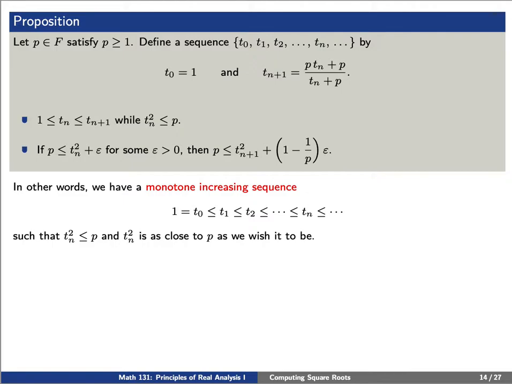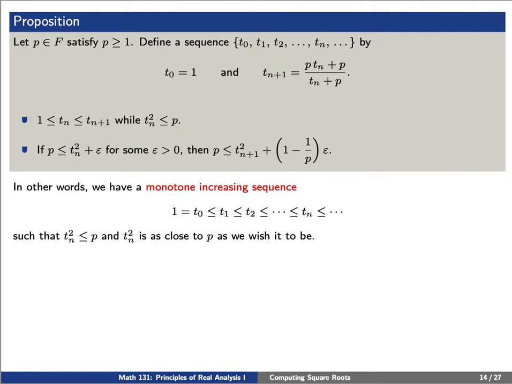In other words, the first bullet point here says that we have a monotone increasing sequence. The second statement says that t sub n squared is as close to p as we wish for it to be. Again, we know that t sub n squared plus epsilon is greater than or equal to p for some epsilon large enough.